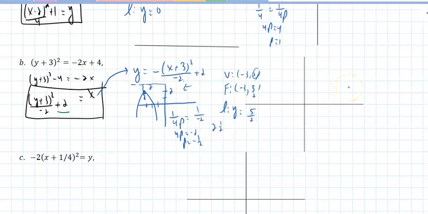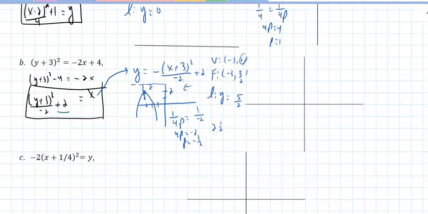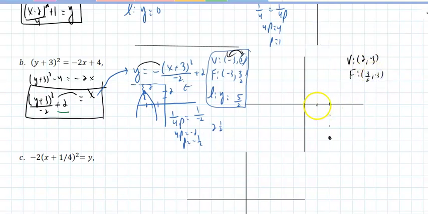that is 5/2. Now, even though, again, this seems like a lot of work, it is worth it if this is very challenging for you. Now to figure out the vertex, switch the x with the y just like we did right there. So that's (2, negative 3). I have a graph of the vertex at (2, negative 3). I have a focus, switch x with y, at (3 halves, negative 3).